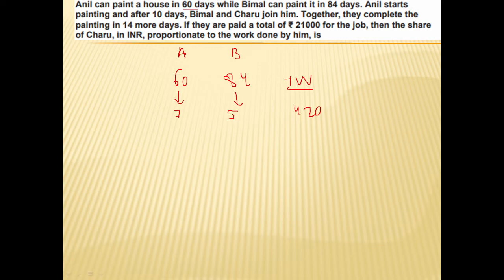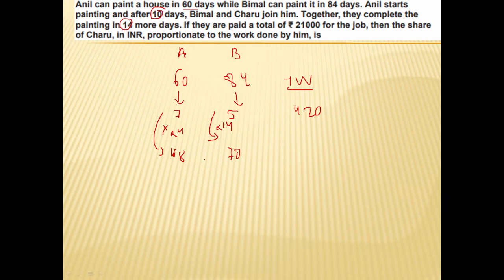Now see, Anil starts the painting and after 10 days Bimal joins, and together they complete the work in 24 days. So Anil works 10 plus 14, 24 days, and Bimal just 14 days. 5 into 14 is 70, and 7 into 24 is 168.